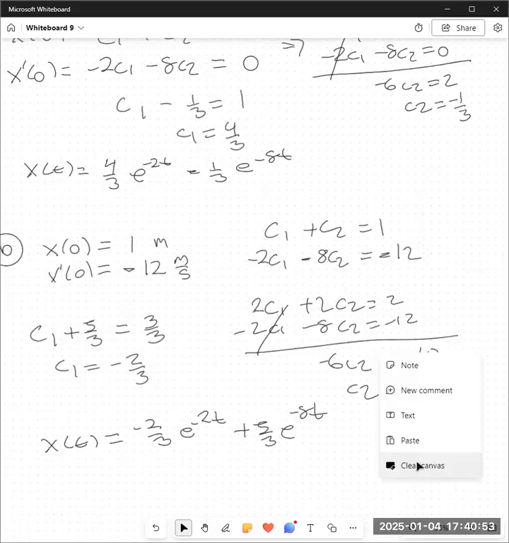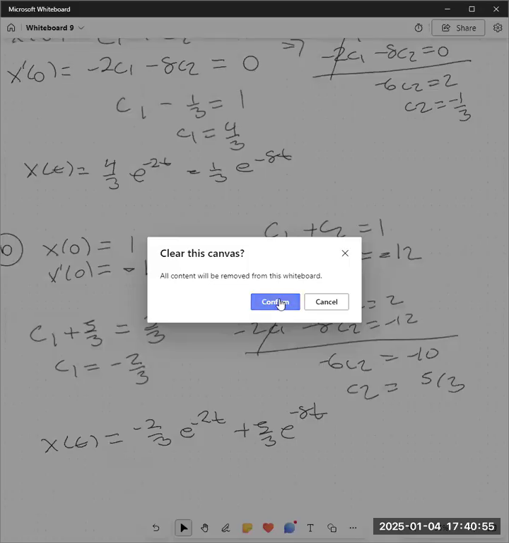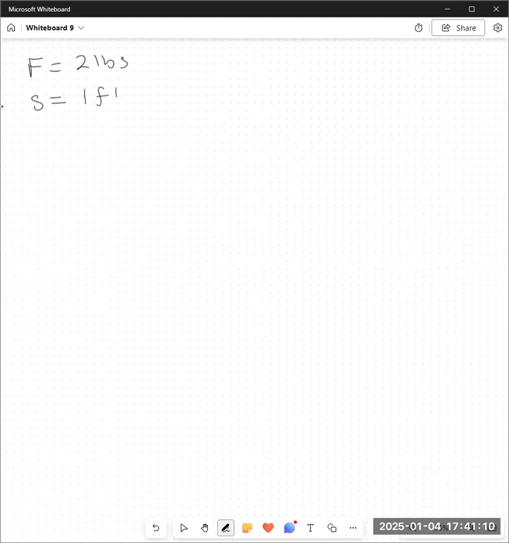Moving along to number 29. A force of 2 pounds stretches a spring 1 foot. So F equals ks. 2 pounds equals k times 1.